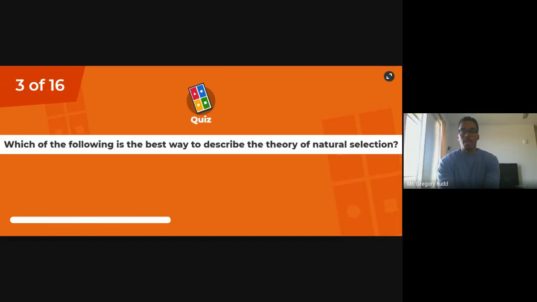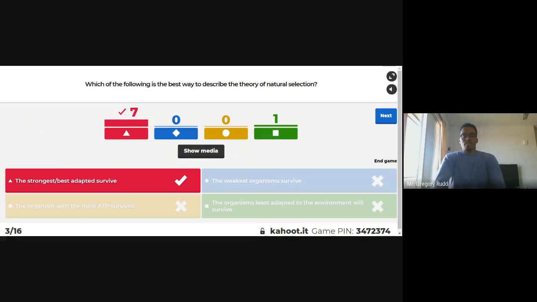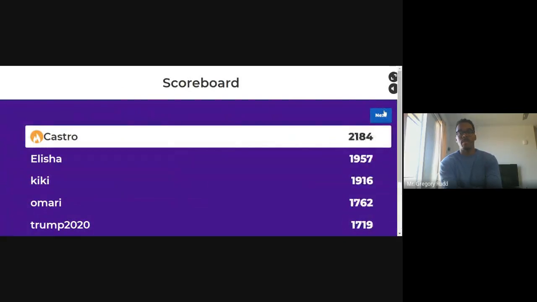Which of the following is the best way to describe the theory of natural selection? Right. So the best adapted is bound to survive and then reproduce.